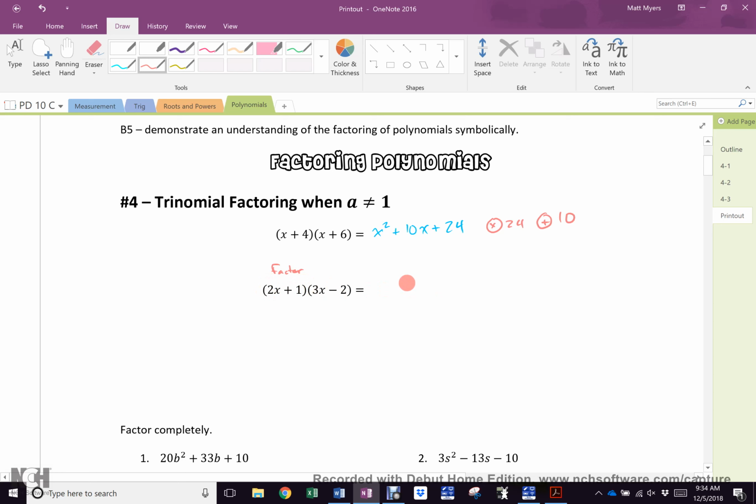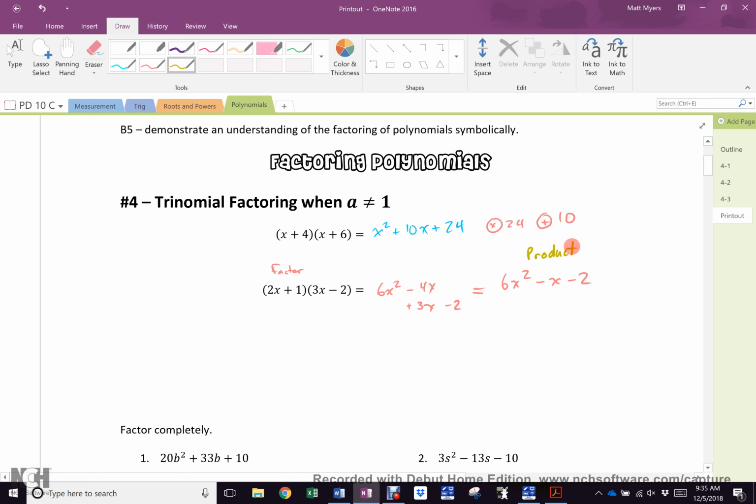What is the product? 6x squared minus 4x plus 3x minus 2, which equals 6x squared minus x minus 2. Is everybody cool to there? That's just expansion. We're good, yes? And that makes this the product, right?